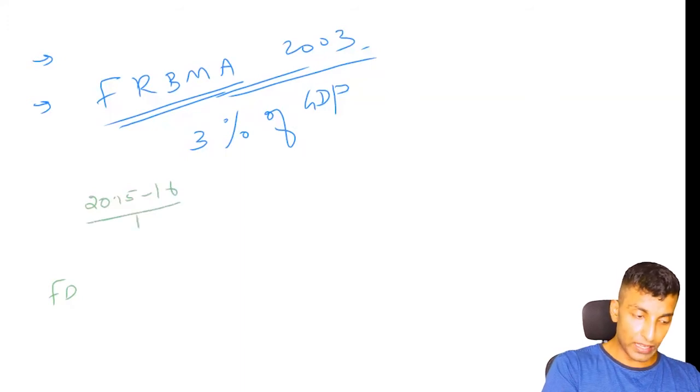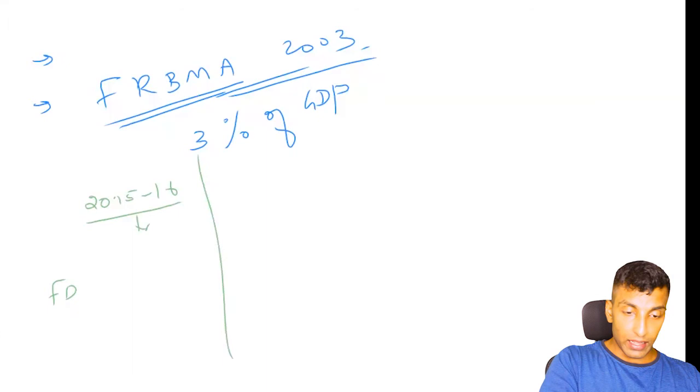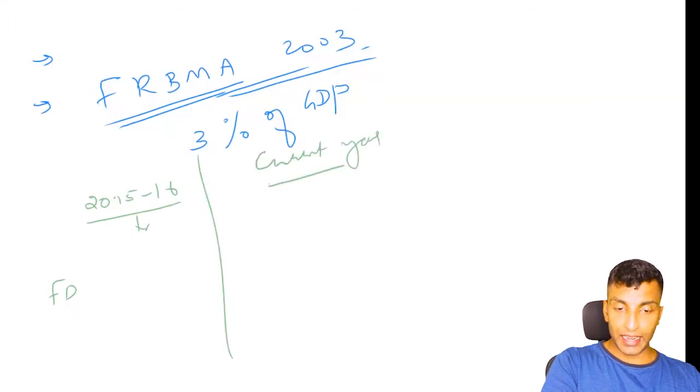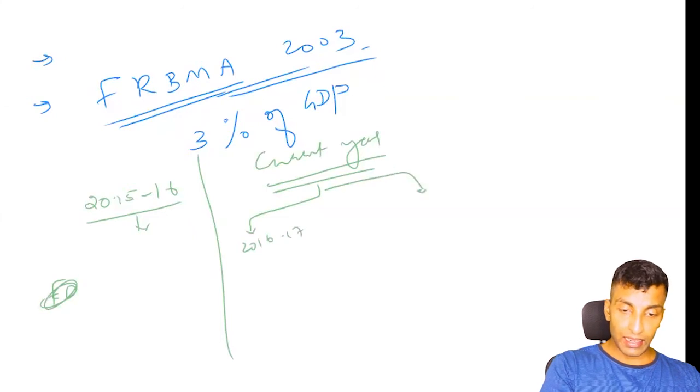So 2015-16: here you will get the actual data of last year, one column. Then you will go for the current year. Imagine the current year is 2016-17.